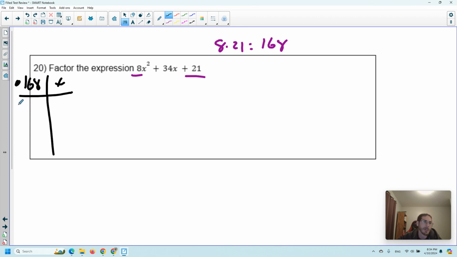I mean, 1's obviously not going to work, but we'll still put it in the chart. We get 169. 2, so 168 divided by 2 is 84. So 2 plus 84 is 86. Again, remember, we're going for 34. But we can see we're getting pretty close already.